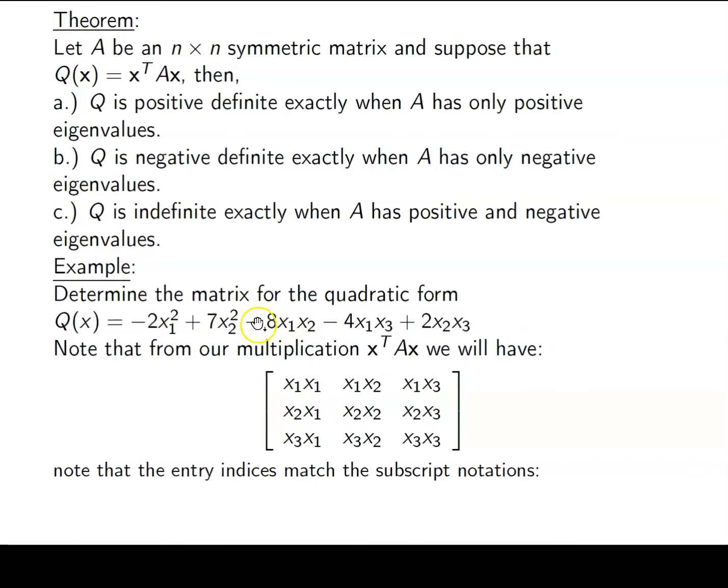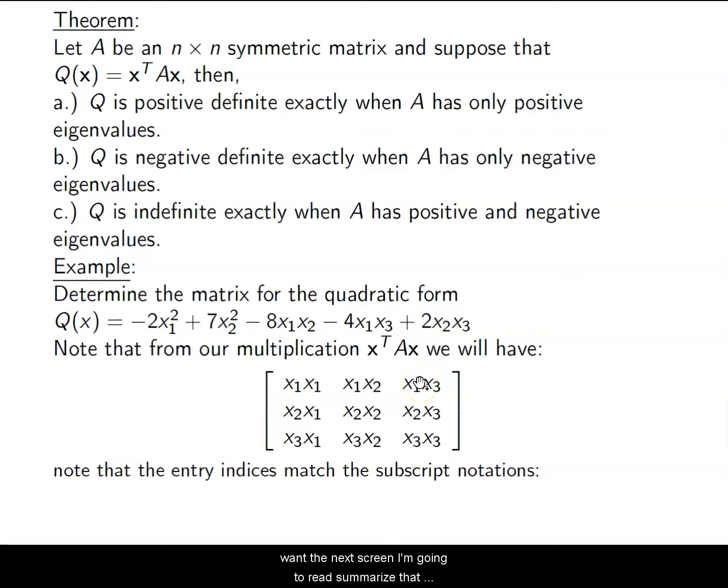So the value for this coefficient gets split evenly here because this has to be symmetric. That means this -8 will split to a -4 and a -4. The x1 x3, that's here and that's here, so this -4 will split to a -2 and a -2. And this 2 here for x2 x3, there's two of those, x2 x3 and then the reverse, x3 x2, that has to split across here evenly. And that's going to give me all of my values.